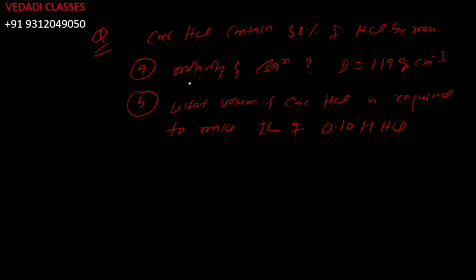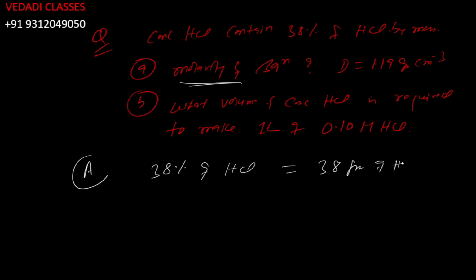First we will work out the molarity. 38% of HCl means 38 gram of HCl present in 100 gram of solution. You should keep in mind, if the percent is somewhat different, you have to understand accordingly.